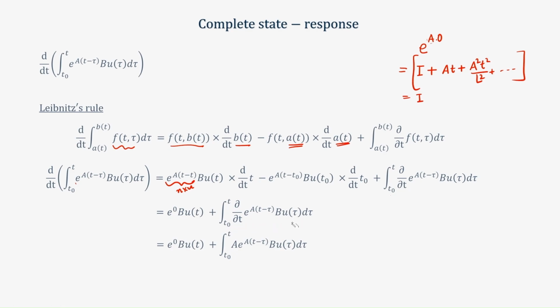Now, this term again, what is this term? e to the power of A(t minus tau) B u(tau). We have already done this part in the previous case, and we can write it down again in this form.